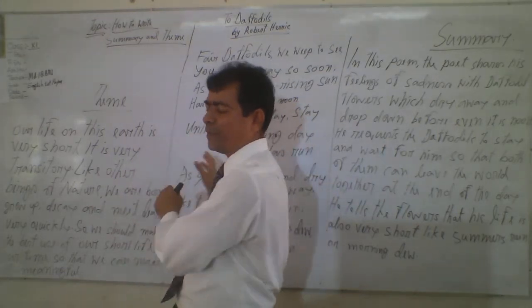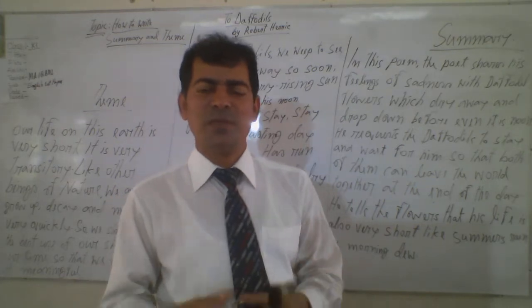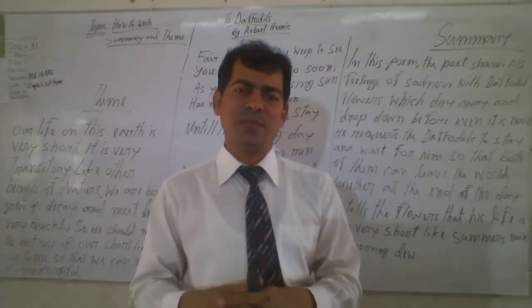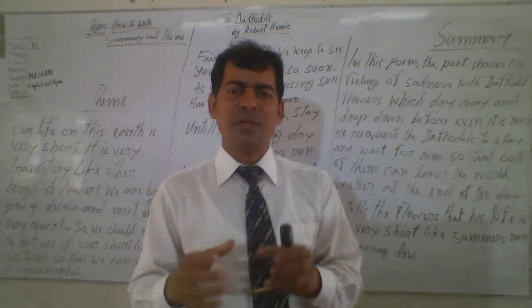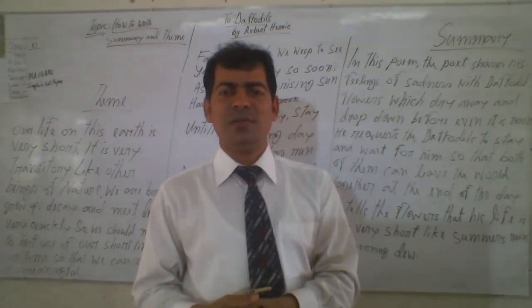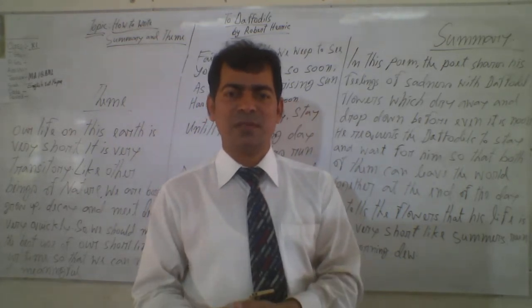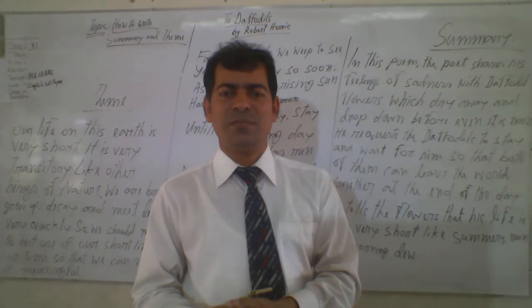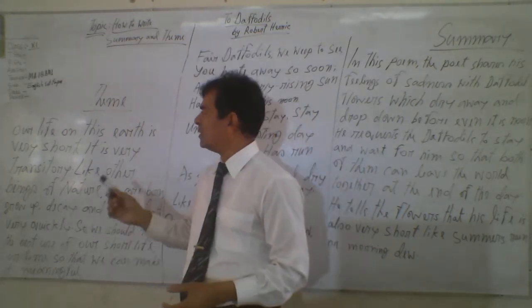If we read the poem and think for some time, we can understand that the poet here emphasizes, puts importance on the shortness, transitoriness of our life on this earth, like any other beings of nature. So now let's see what it is.